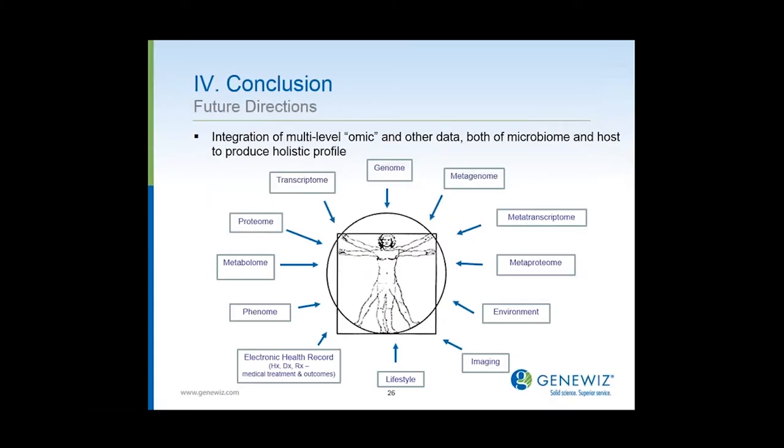And that data includes genomics, transcriptomics, and proteomics, as well as the patient's electronic health records, which contain medical treatments and outcomes, and also to include within this profile metagenomic data, metatranscriptomic data, and metaproteomics.